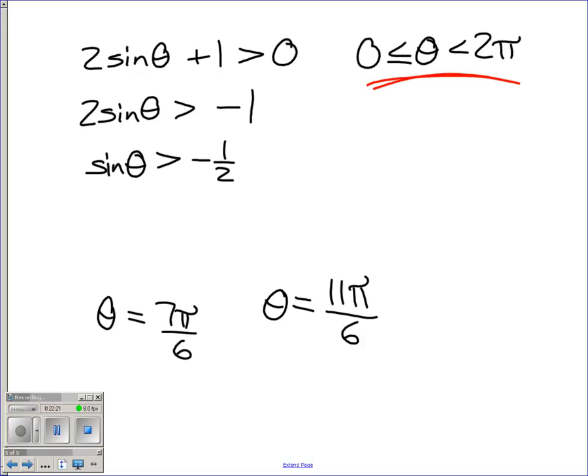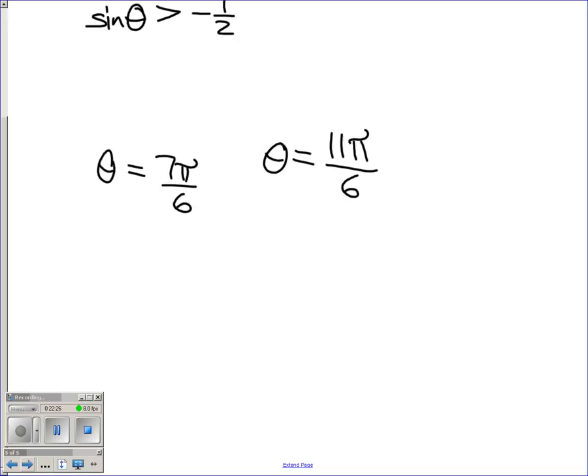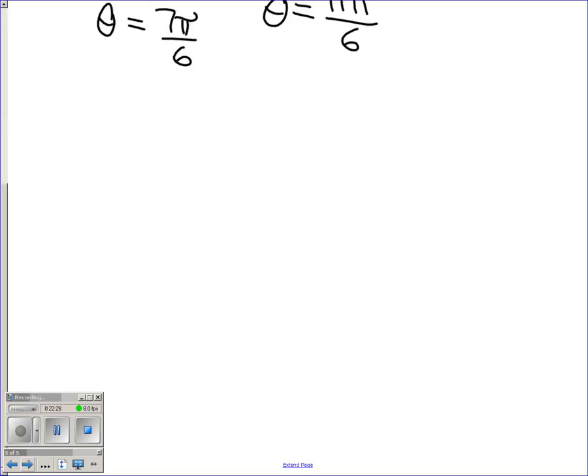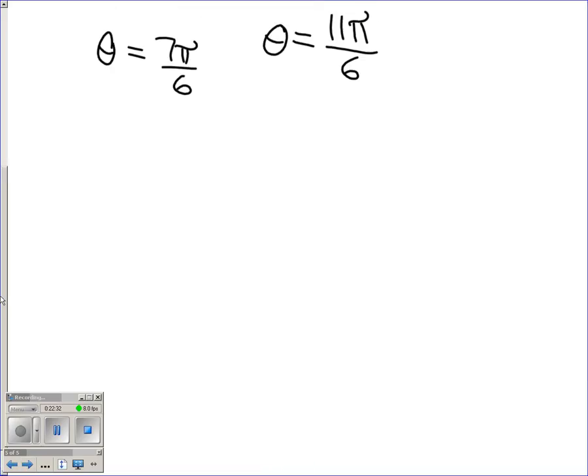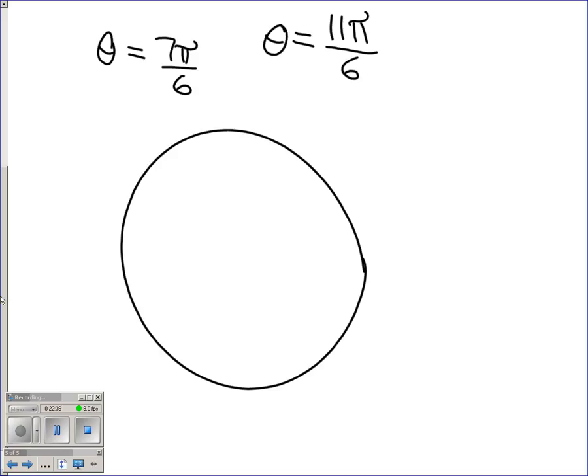Now, it says that the value is greater than negative 1/2 for wherever we are. Let me move this up just a little bit. So I'm just going to put a circle on here, and let's just see where this takes us, again looking at the unit circle.